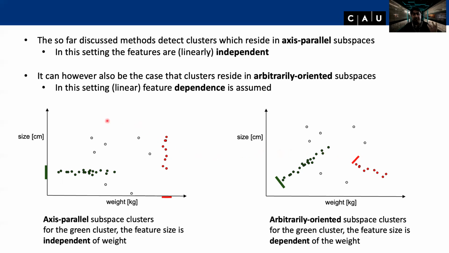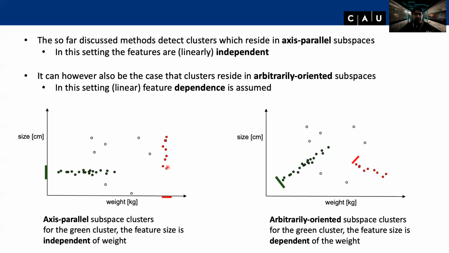Well, for the left-hand side, for the axis parallel case, one implication is that the features are linearly independent, which means that, for instance, in this cluster, the size is independent of the weight, or this is at least the assumption that comes with the axis parallel part. Like here, with this cluster, we say that the weight is independent of the size.